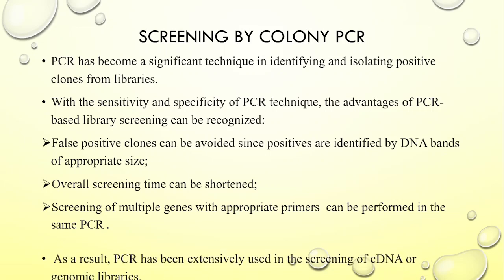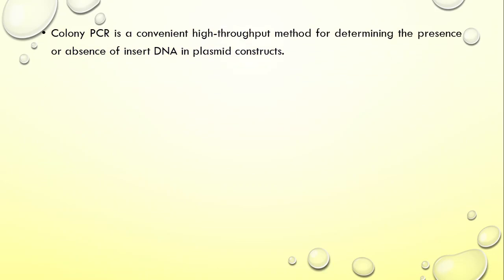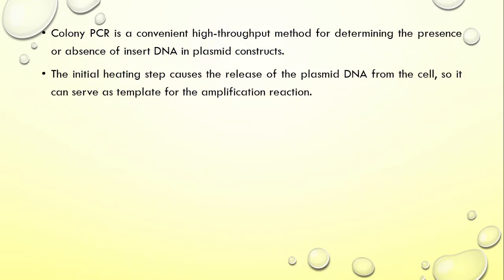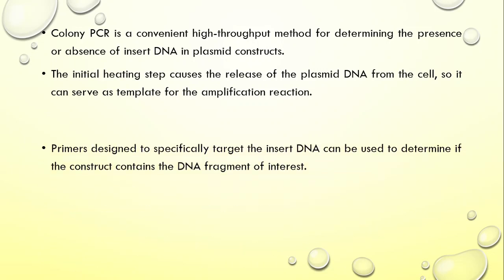An example of this methodology is given here. It is a convenient method. We know that PCR has three basic steps: denaturation, annealing of the primer, and then extension. Here, the initial heating step causes the release of the plasmid DNA from the cell, so it can serve as a template for the amplification reaction.